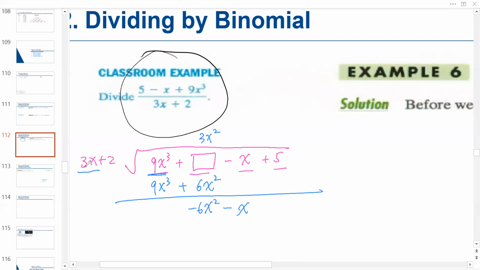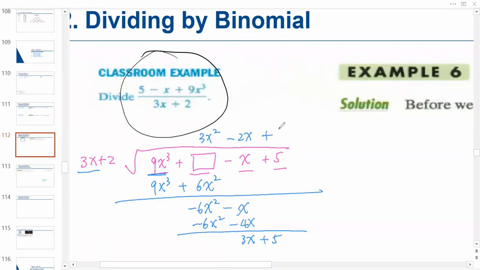Copy down the second one. So 3x times what matches up here? Negative 2x. So negative 2x times all this gives negative 6x squared minus 4x. Top minus bottom, top minus bottom. So you get negative x minus 4x, so positive 3x.